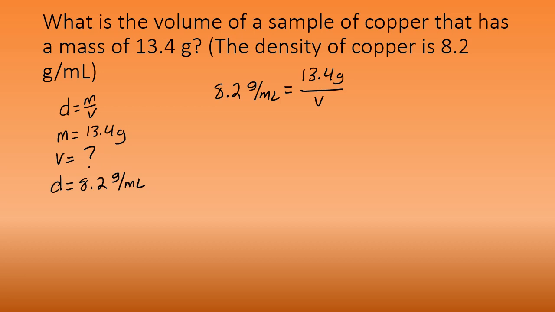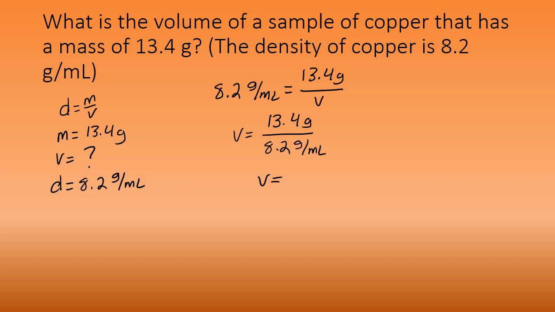And then if we switch the denominator for what's on the other side of the equal sign, the algebra tells us that if we divide 13.4 grams by the density of 8.2 grams per milliliter, we should be able to solve for our volume.